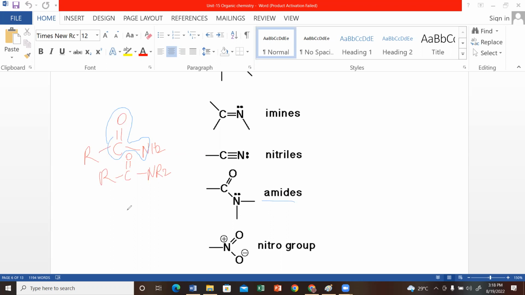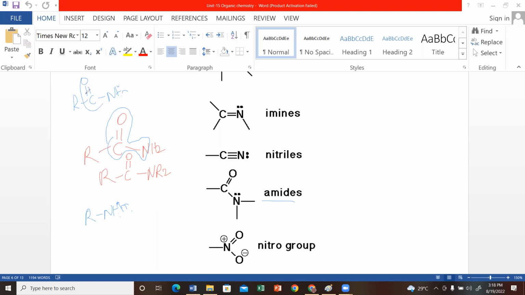Amide linkage and amine linkage are different. What is the difference? In amine, we have R NH2. Here, NH2 is directly bonded with R. There is no carbonyl in between. But when we talk about amide, in amide, we have R, carbonyl, and then NH2. So there is a huge difference.